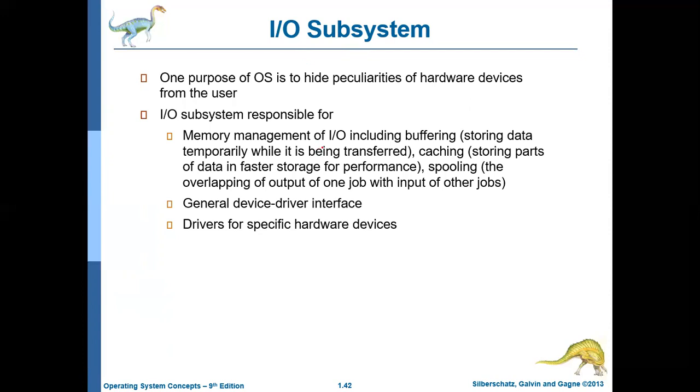A typical IO device may perform buffering, caching, and spooling. A buffer is basically a temporary storage in the IO device. Normally, every IO device will have a buffer. For example, the keyboard has a buffer. Whatever we type does not go directly to the processor or the main memory.